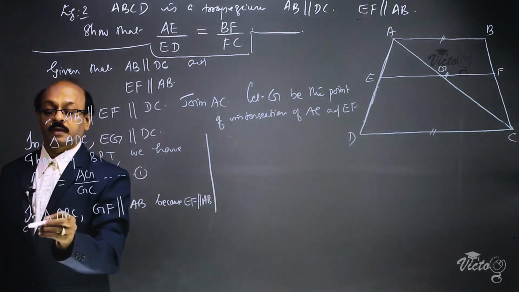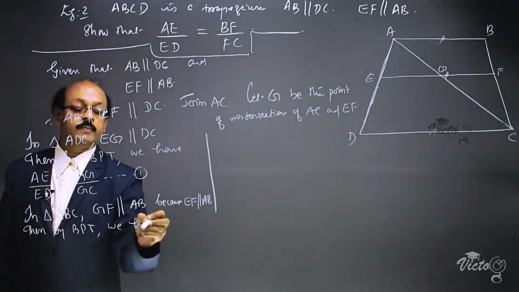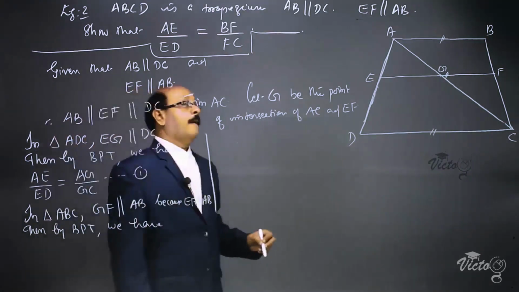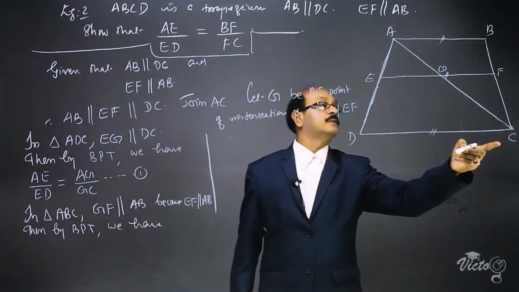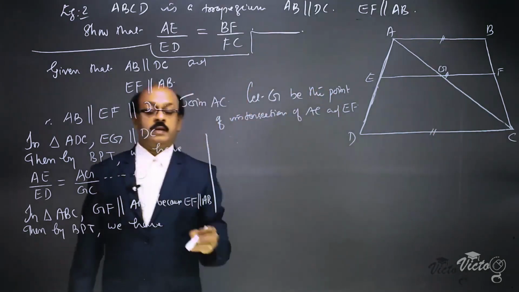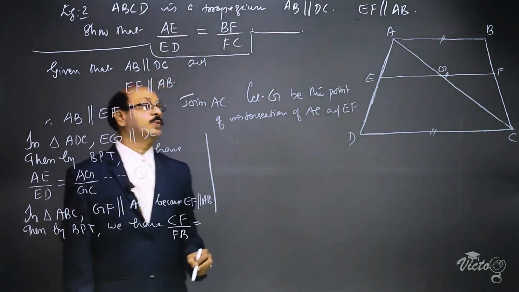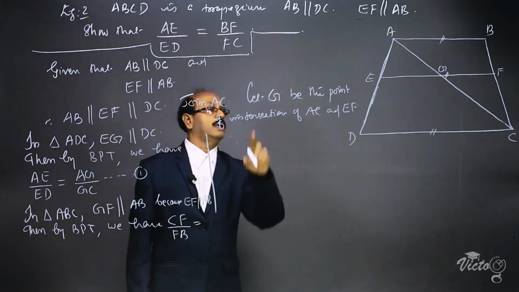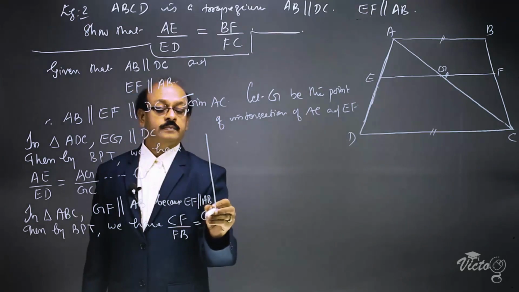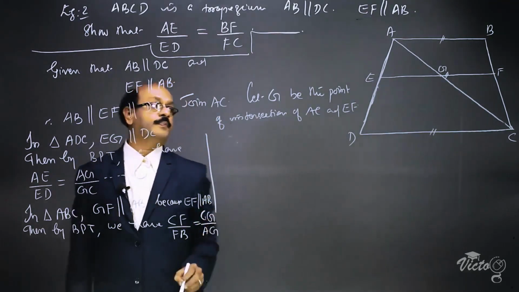Then by BPT, we have CF by FB is equal to CG by AG.